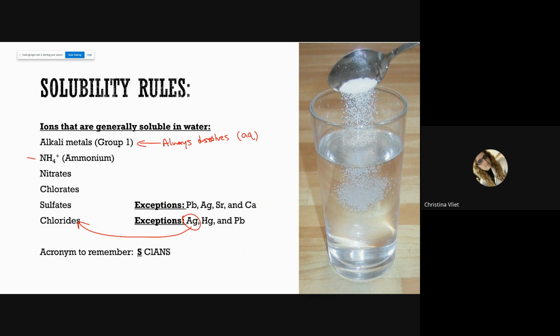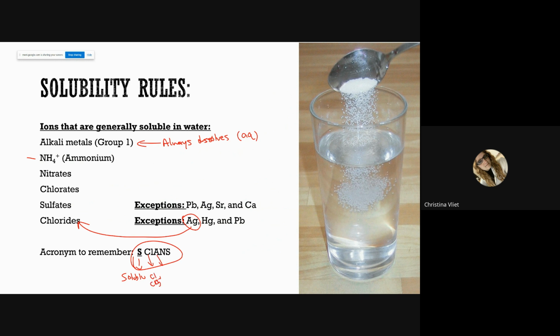We'll talk about some of this stuff later, but I'm going to try to give you as simple a version of the solubility rules to memorize as possible, and this is it. S-Cl-A-N-S. What does that mean? I made this up. It's a patented design acronym. S stands for soluble, and then Cl stands for chlorine and chlorate.